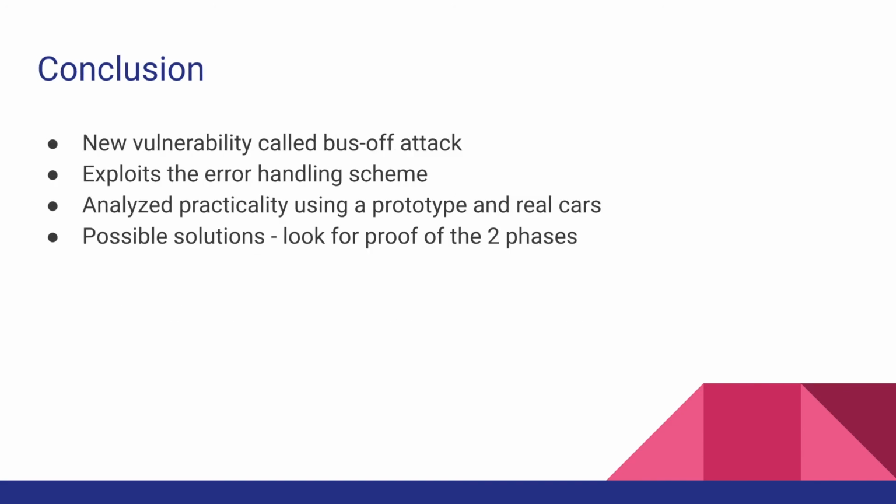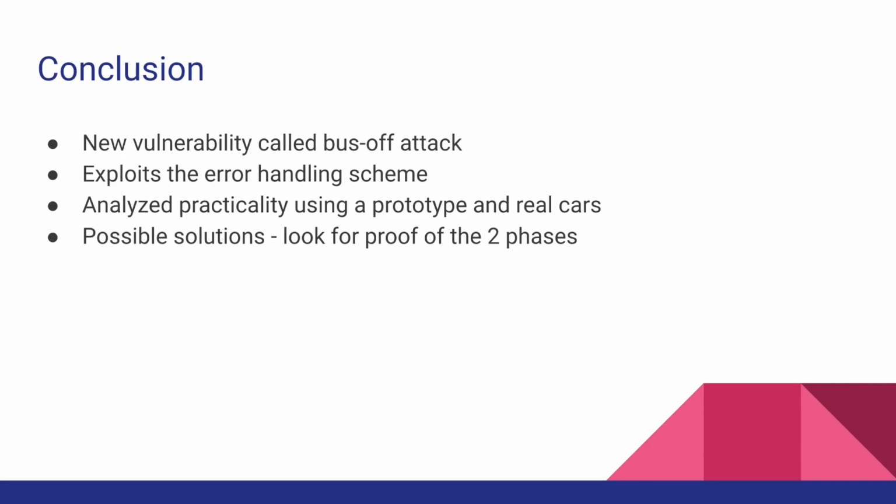So as a conclusion, just wanted to recap everything we've discussed. This new vulnerability, called the bus off attack, is a denial of service attack that disrupts one, if not more, ECUs on board a vehicle. This can be something small, such as the AC or battery temperature ECU not responding and being kicked off the bus, but it could also be a much more difficult and dangerous task.